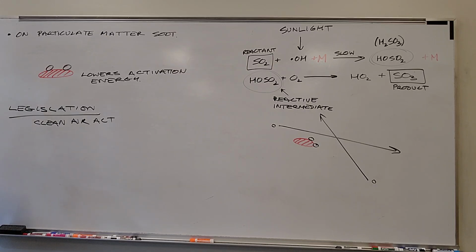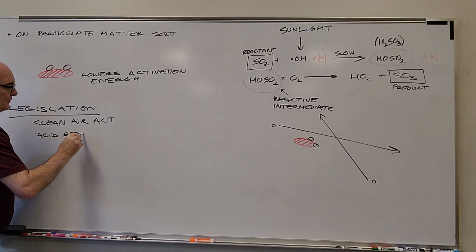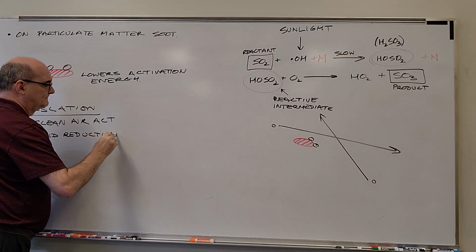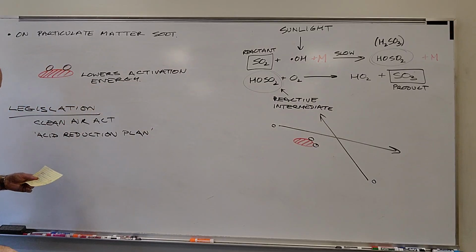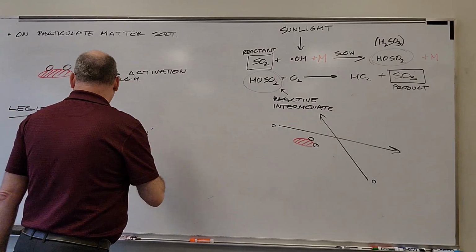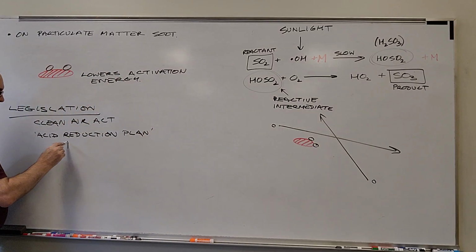This is Title 4 of the Clean Air Act, which includes something called the Acid Reduction Plan. And that comes in two phases.